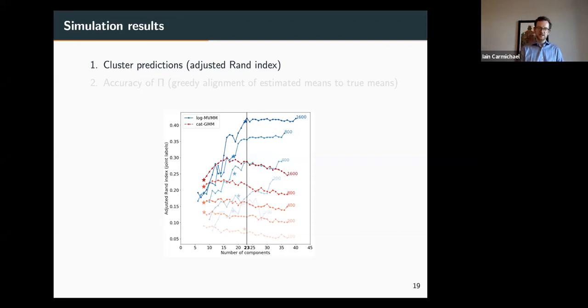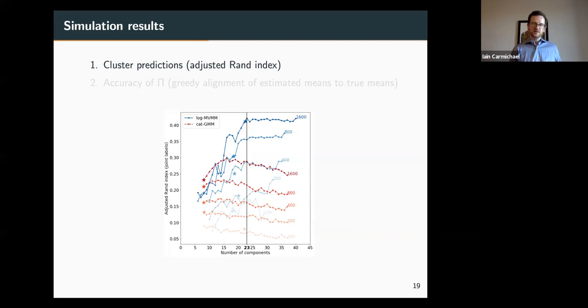In this plot, the x-axis is the number of estimated components. The red curves correspond to a Gaussian mixture model on the concatenated data views. The blue corresponds to the multi-view mixture model with the log penalty, fit for a bunch of different lambda values, and the y-axis is the adjusted rand index.